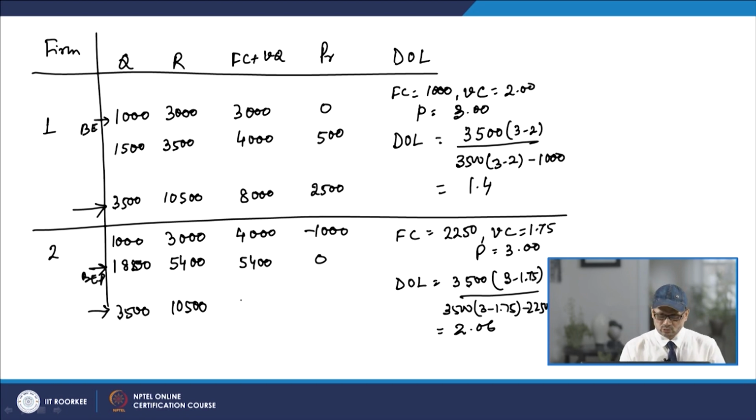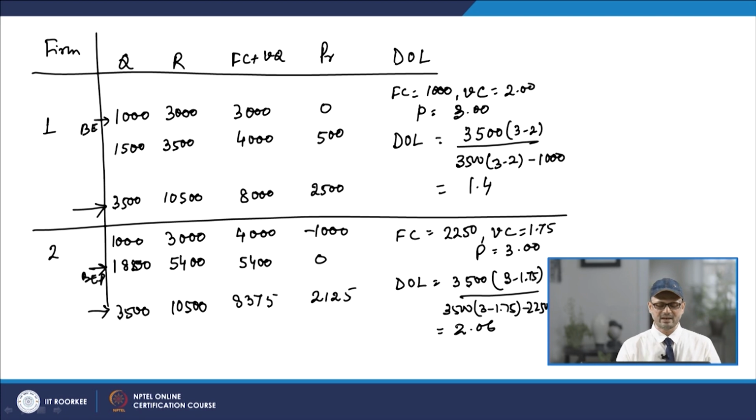That will lead to 8375. So, that will lead to your profit of 2125.